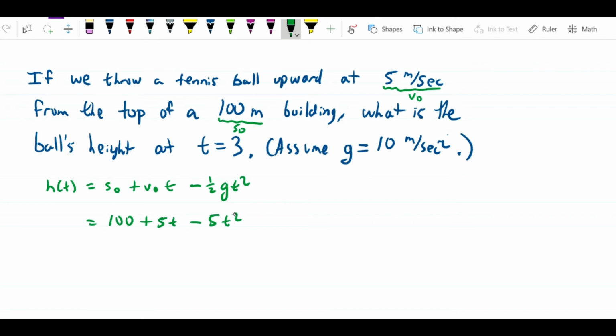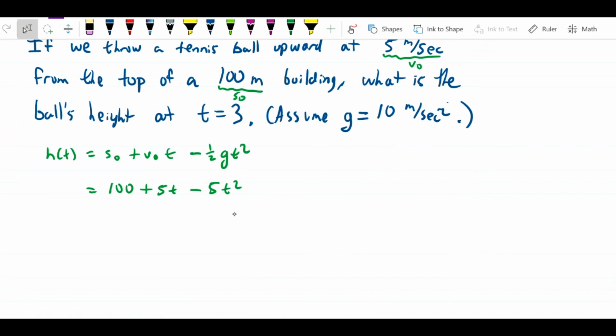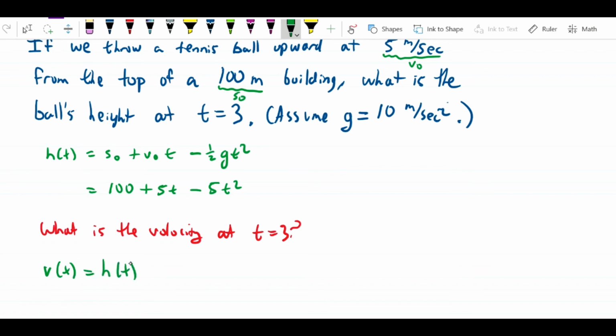Okay, and of course we can also ask questions such as, I'll just ask an additional question. What is the velocity at t equals 3? Well, we just find the velocity function, which is going to be the derivative of the height function, which will be, 100 is a constant, so that's going to be 5 minus 10t.